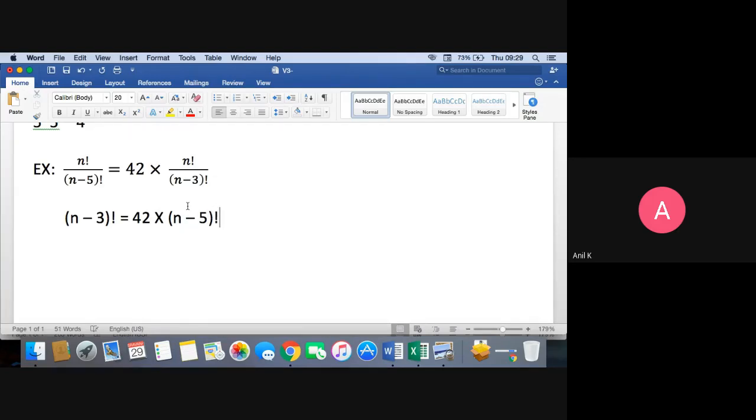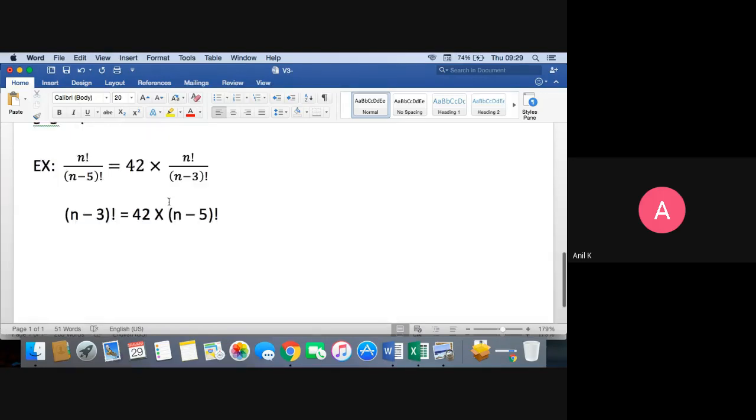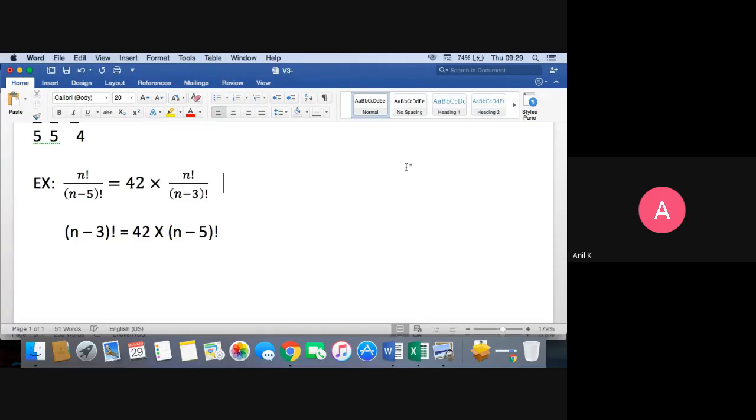Now, out of these two factorials, one of them I have to expand. If you observe the factorial formula carefully, n factorial is n multiplied with n minus 1, multiplied with n minus 2, then multiplied with n minus 3, and so on.